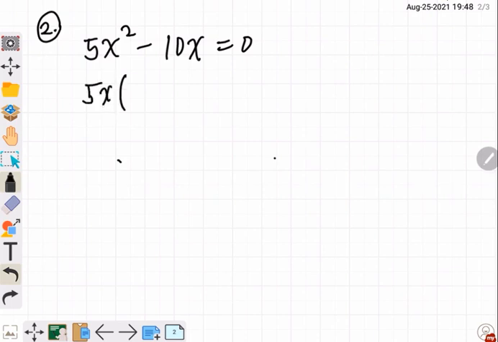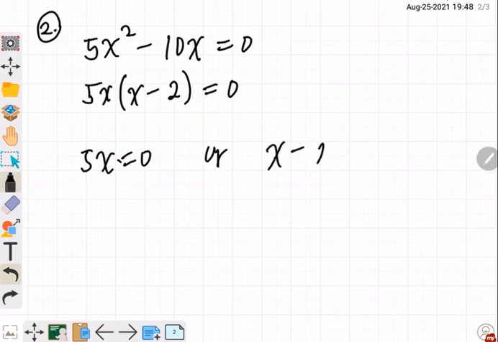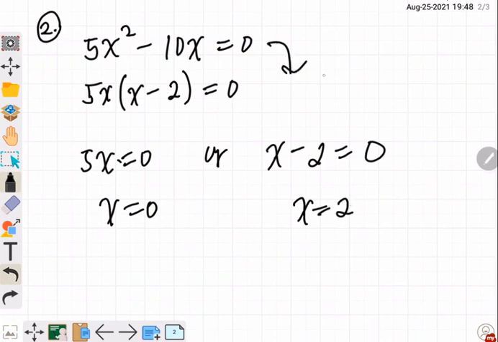So the remaining factor will become x minus 2 equals 0. So by zero product property, it's either 5x equals 0 or x minus 2 equals 0. So here x equals 0 and here x equals 2. The solution of this is x equals 0 and 2.